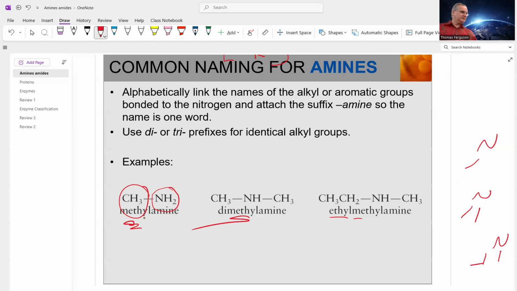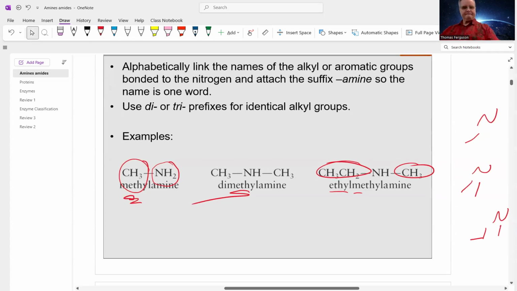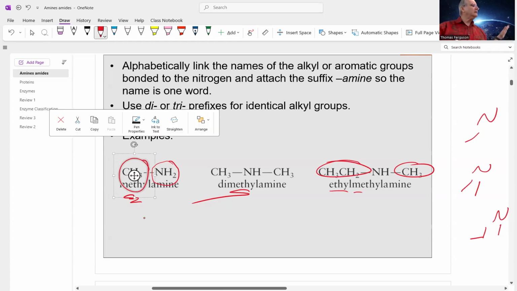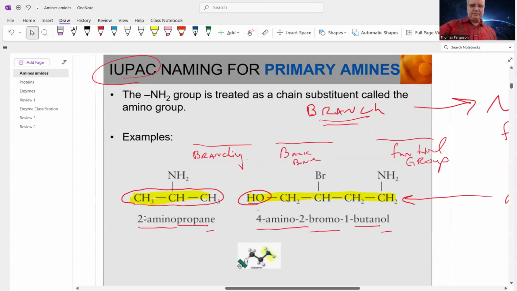You can have different groups naming as well. For example, this has got an ethyl group and a methyl group, so it would be ethyl methylamine. Very simple. Also, E comes before M, the typical naming deal. So you want to put them in alphabetical order.